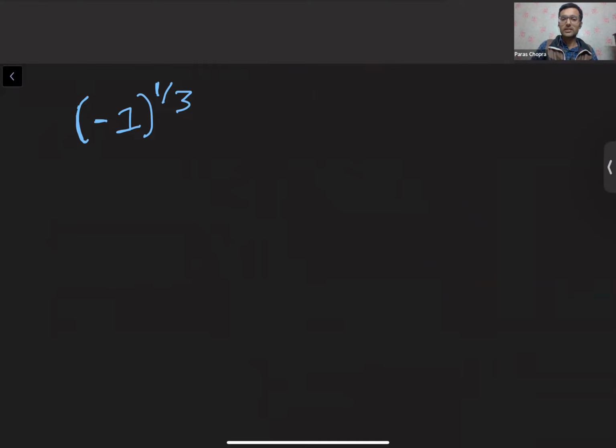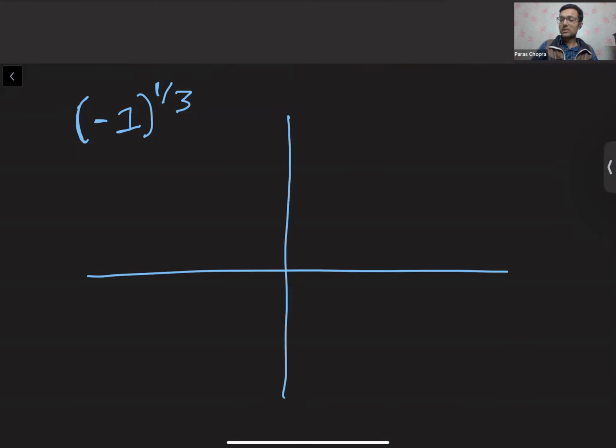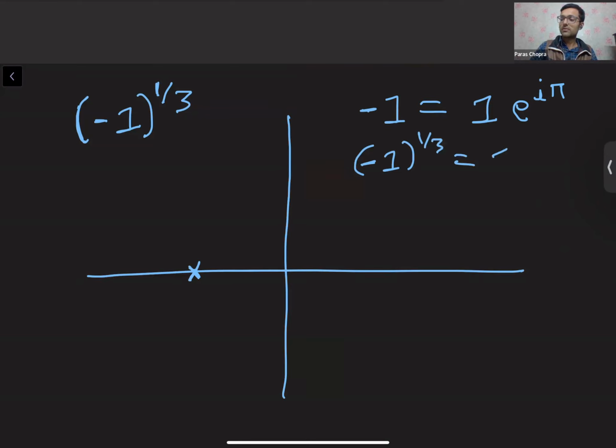But now let us calculate the cube root of -1. तो -1 will be represented at this position on the complex plane. तो -1 can be written as 1 e to the power I pi. तो जब हम इसका क्यूब रूट लेंगे, क्यूब रूट ऑफ -1 will become 1 e to the power I pi by 3.